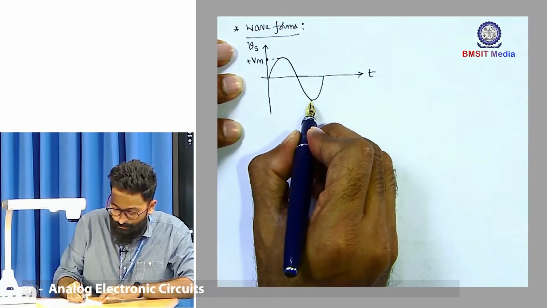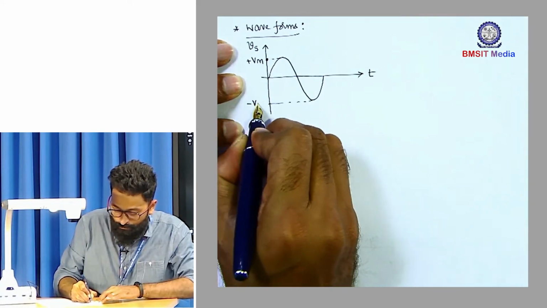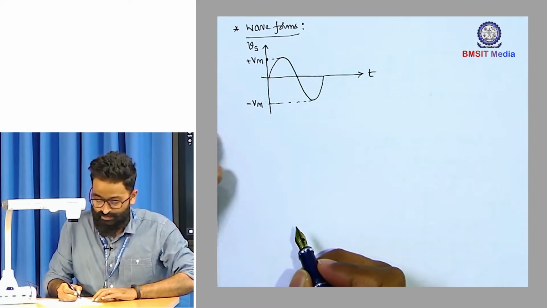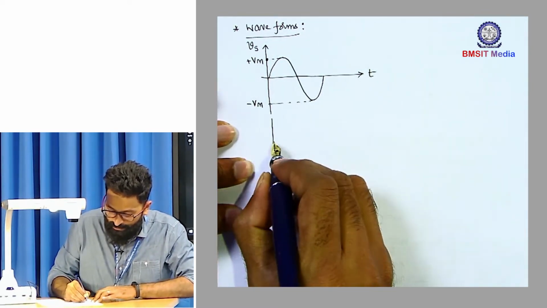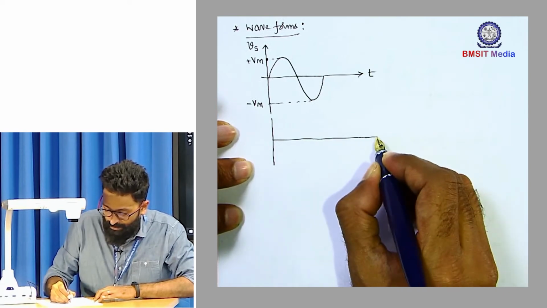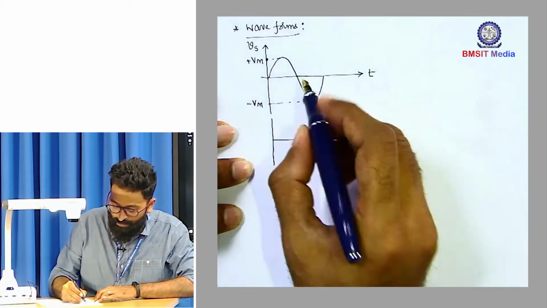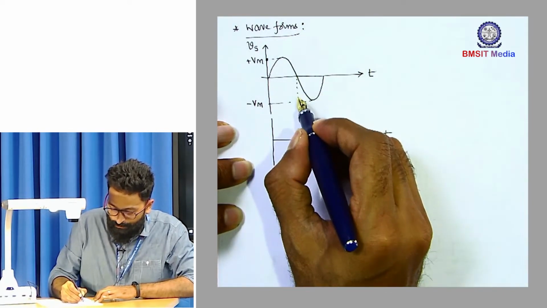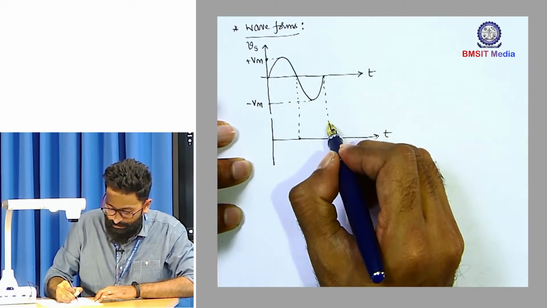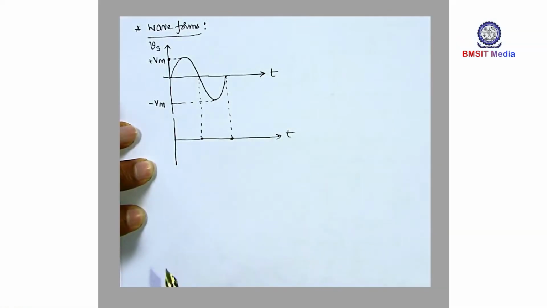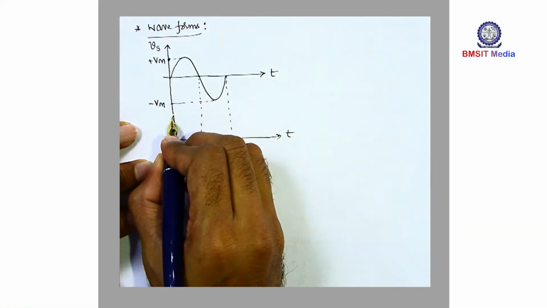Plus Vm, minus Vm, the amplitude of the input. And just below the input, you can think of plotting the output as well. Okay, so mark the transition points. This is the duration of positive half cycle and this is the duration of the negative half cycle. This is your output.